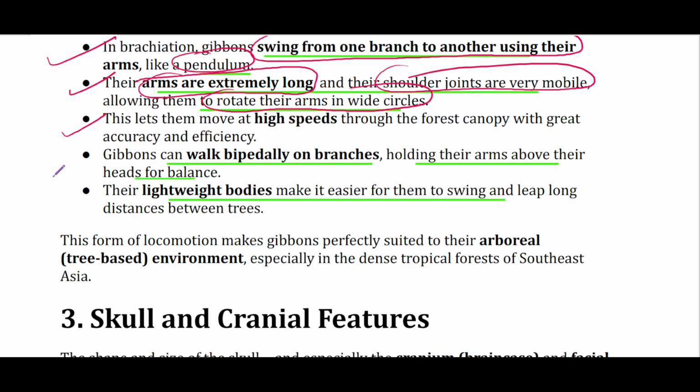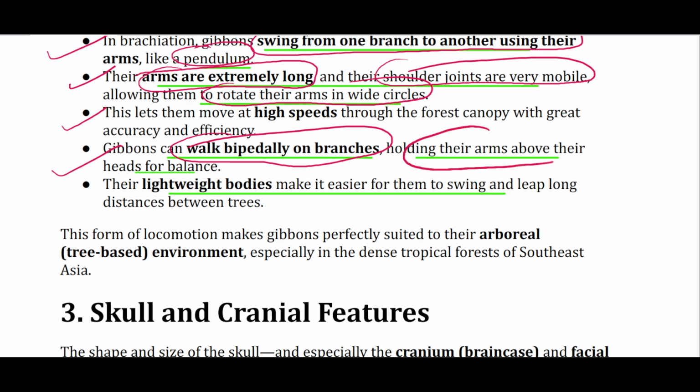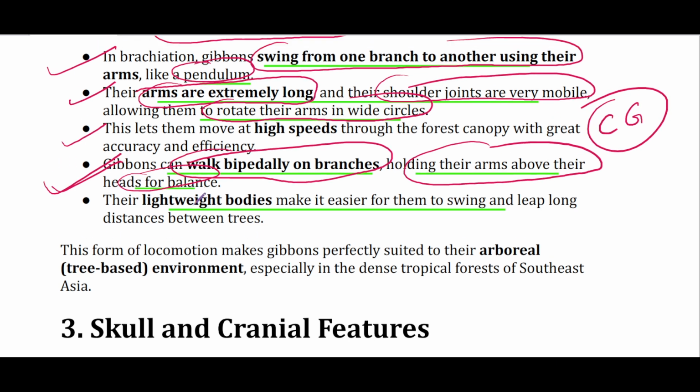And they can walk bipedally on branches, holding their arms above their heads for balance. तो यहाँ पे एक और चीज आप देख सकते हैं, center of gravity, that gibbons can perform bipedal locomotion, especially while walking on branches.